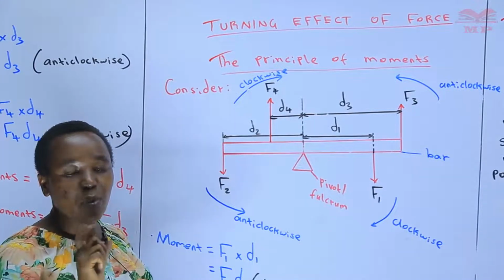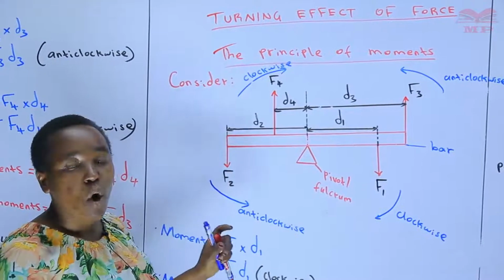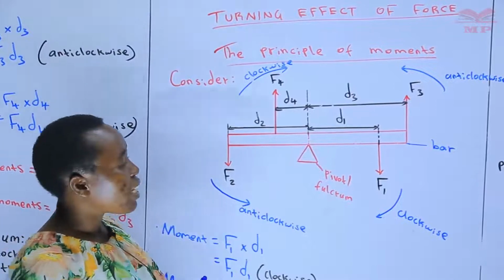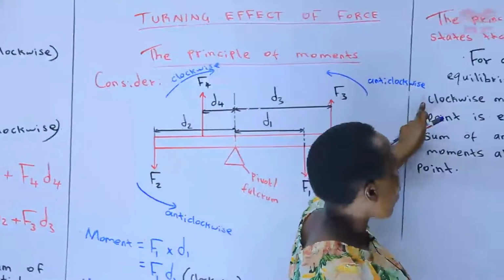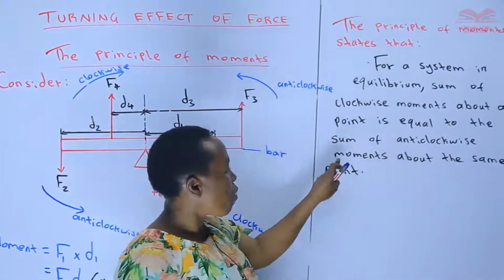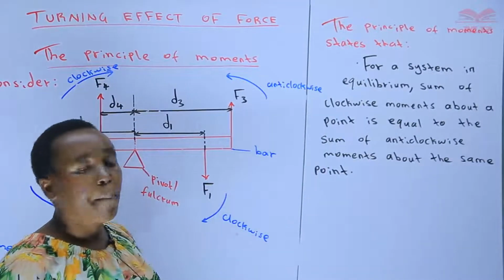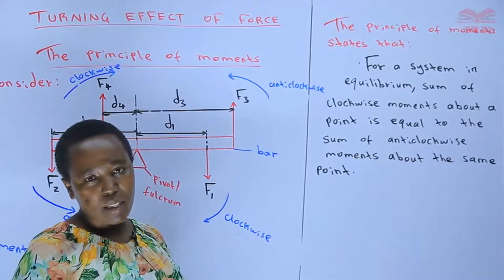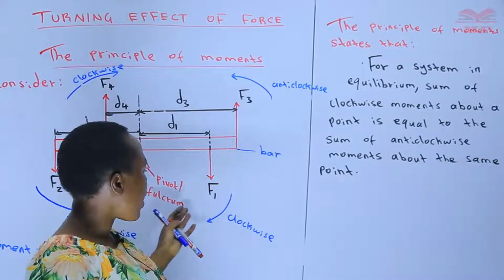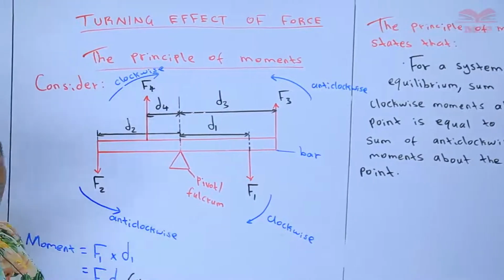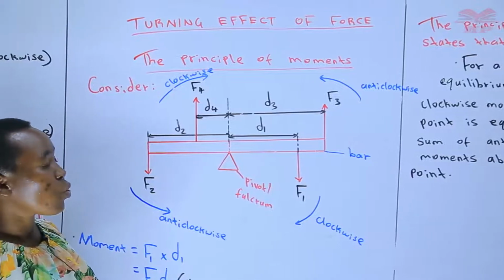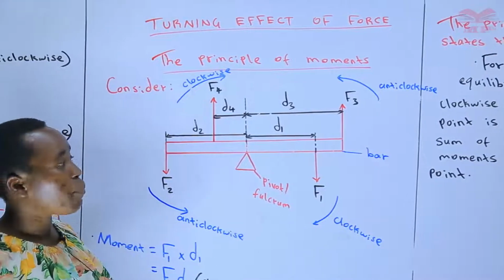We have seen that equilibrium is a state of balance. So when this system is at balance, then the sum of clockwise moments about a point will be equal to the sum of anti-clockwise moments about the same point. During our next lesson, we are going to apply this principle, which we are calling the principle of moments, so that we can solve some problems.